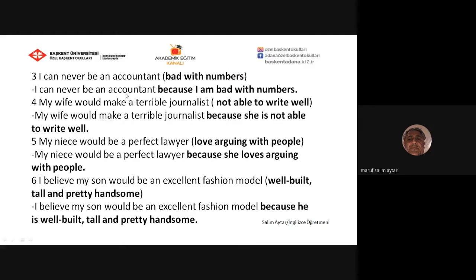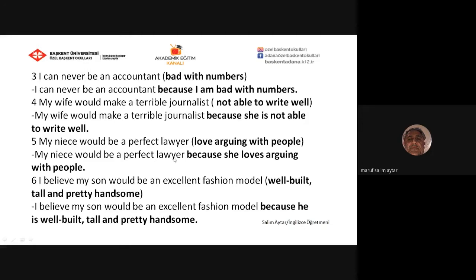I can never be an accountant. Why? Because I'm bad with numbers. My wife would make a terrible journalist because she is not able to write well. And if you cannot write well, you cannot be a good journalist. My niece would be a perfect lawyer.